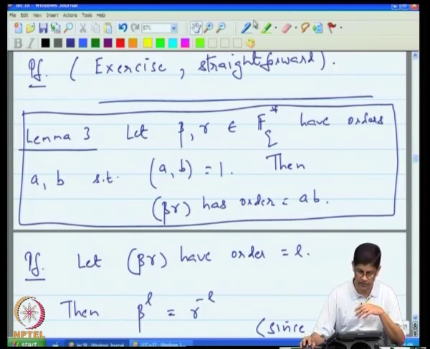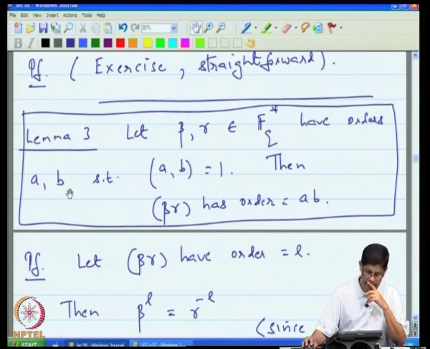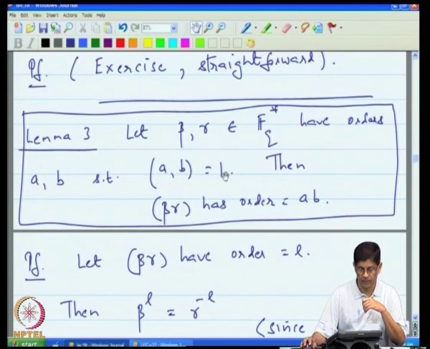So, let us focus on understanding what this lemma says. It says take two non-zero elements whose orders are A and B such that A and B are relatively prime. Then the product of the two elements has order equal to the product of the two orders. But the key point is that the two orders are relatively prime.